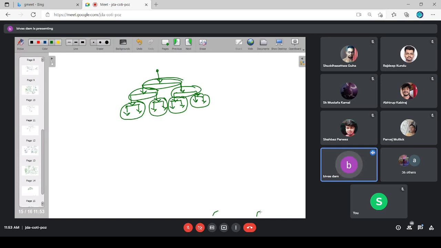Another specialty of the XOR function. Say I have one XOR gate. In case I make this input 1 and I apply A here, what will be your output? A complement.